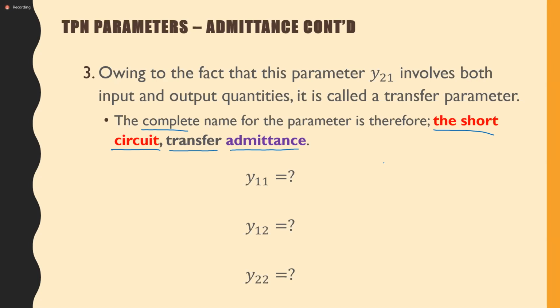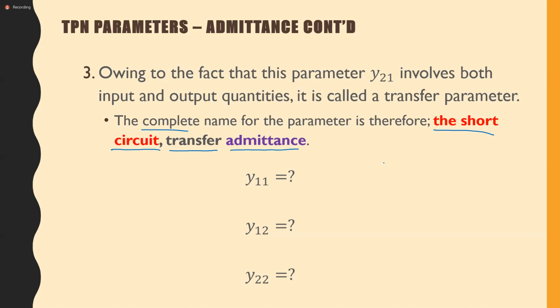So McFarlane. Yes, sir. Take a shot at Y11. All right, sir. So port 2 is short circuited. Mm-hmm. So V2 equals 0. And then I just want the name. Give me the name for Y11.